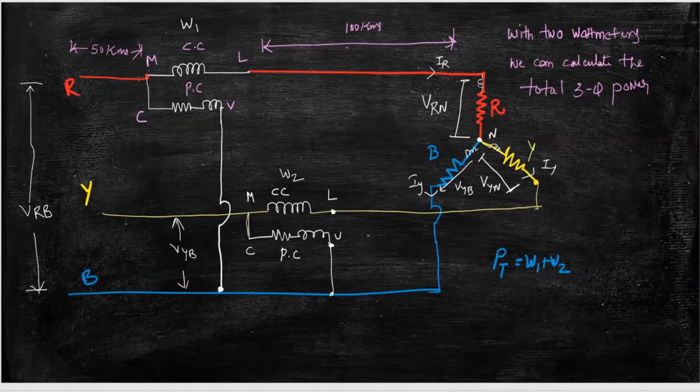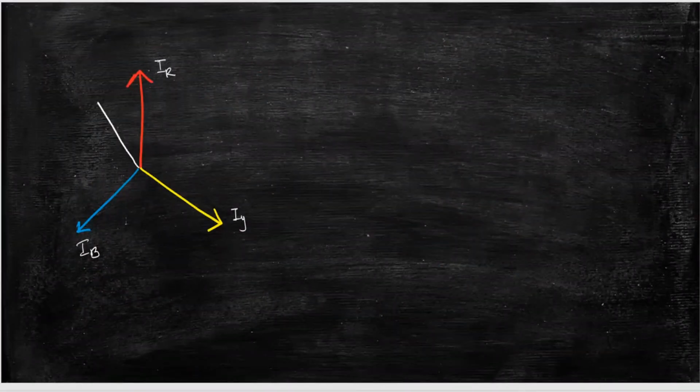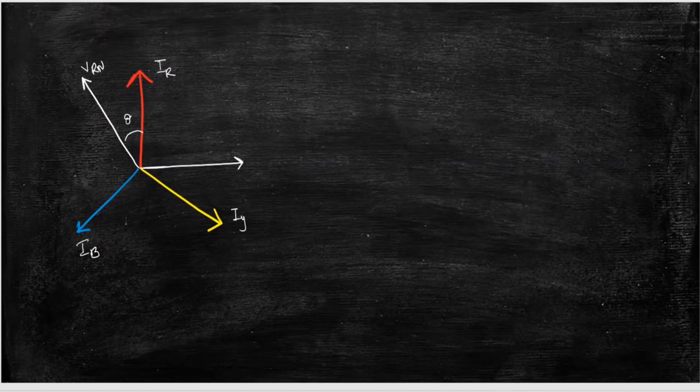Now let the voltage VRN make an angle theta with this IR, and this is your VYN, making an angle theta with IY, and similarly this is your VBN, making an angle theta with the B phase current. These are the phase voltages and phase currents.